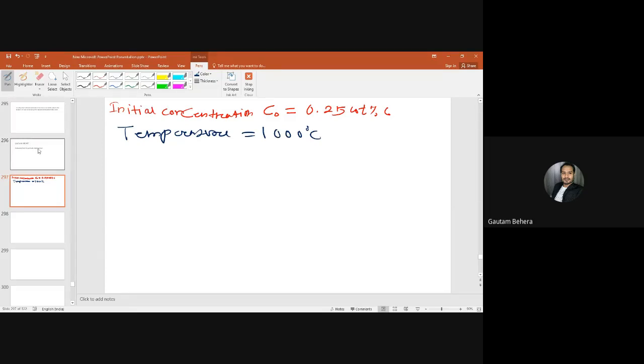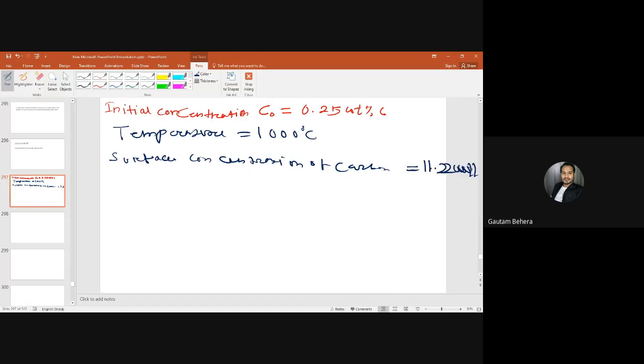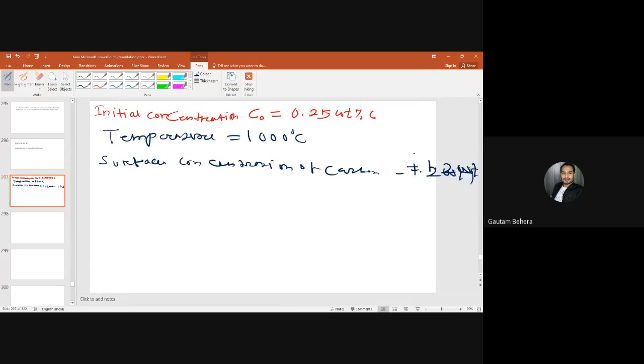The surface concentration is also given here. The surface concentration of carbon at the surface of the steel is 1.2 weight percentage.